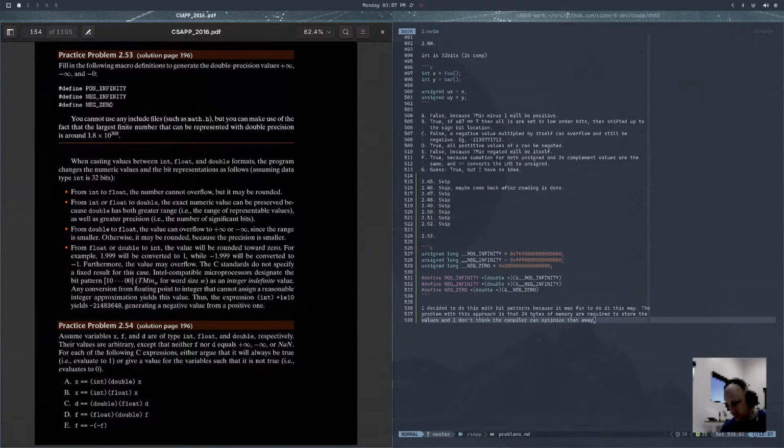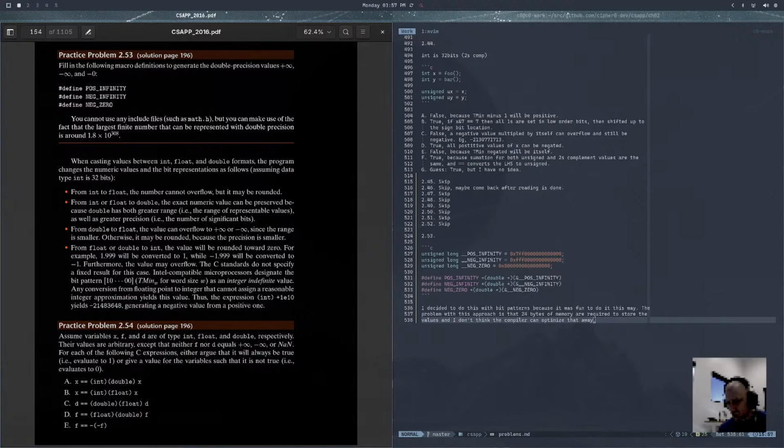From int to float, the number cannot overflow, but it may be rounded. From int or float to double, the exact numeric value can be preserved because double has both greater range as well as greater precision.